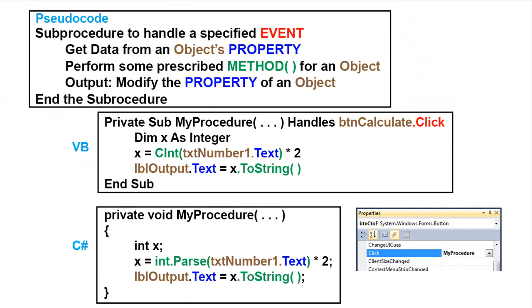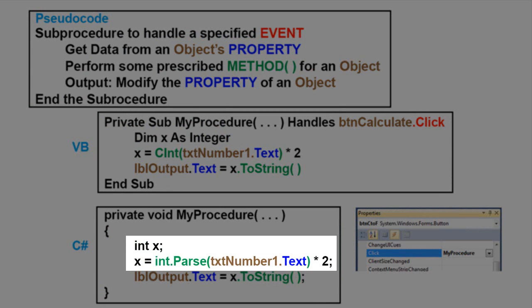So when the user clicks on that button, it's going to execute this block of code here named myProcedure. So when the user clicks the button, this C# code is going to do the same thing the VB code did. We're going to create a variable called x. We're going to take the text property of our text box named txt_1, and we're going to convert that into an integer using int.Parse, which is a method. So txt_1.Text is a parameter or an argument of that method.